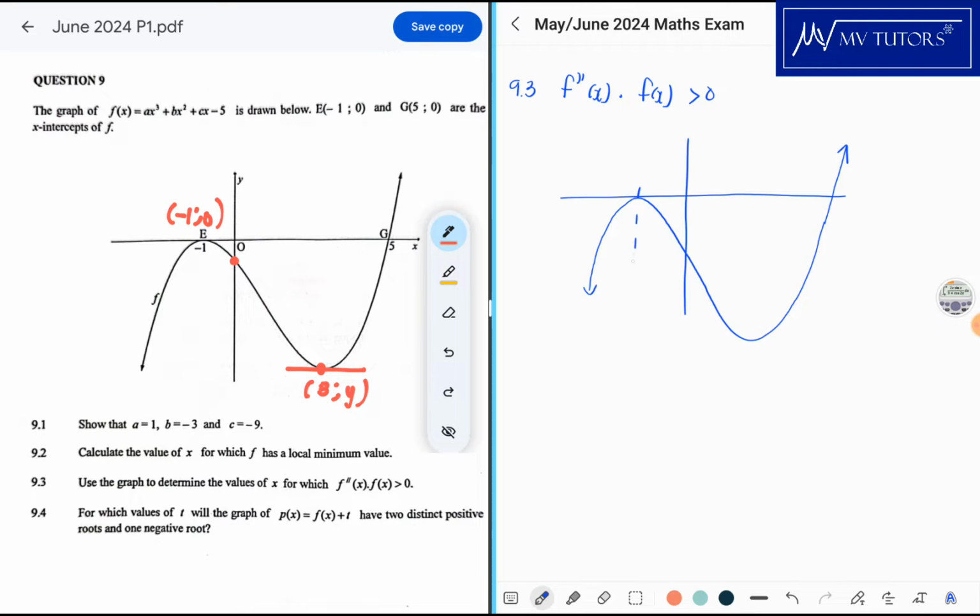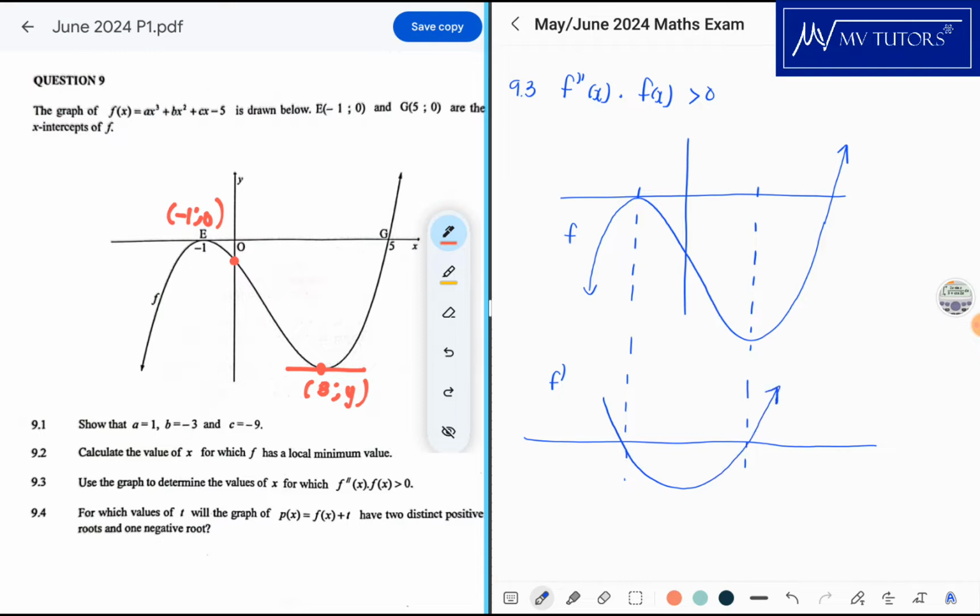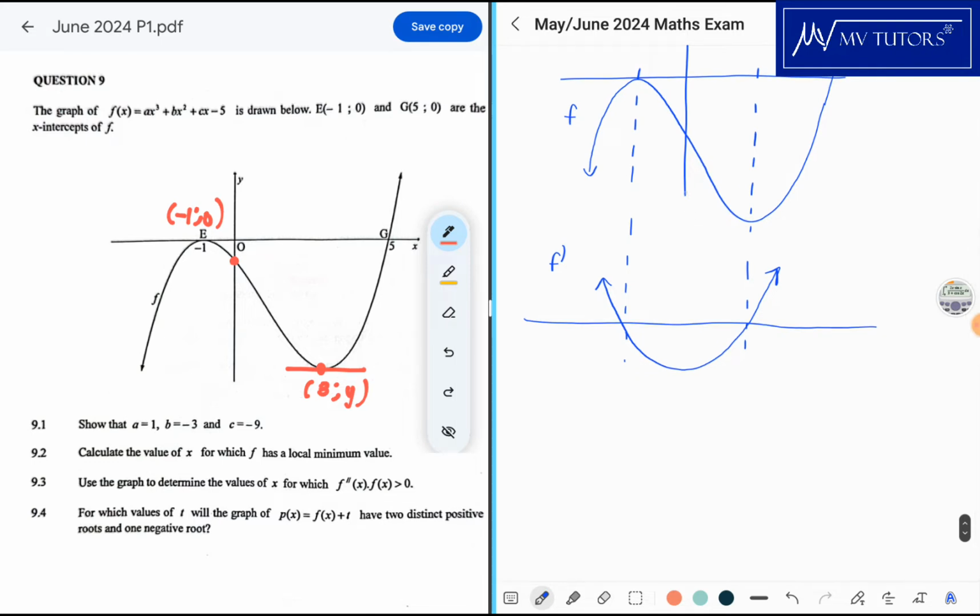All right, if I were to take down my turning points, because this is a happy face cubic function, this is f, right? The first derivative, I'm going to get a happy face parabola. Okay, and then if I continue, no. So somewhere here, actually, my point of inflection, that is where my turning point is.